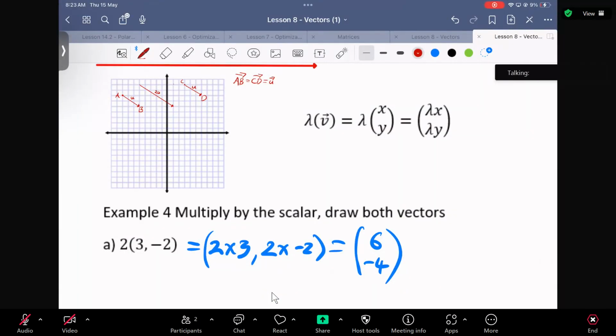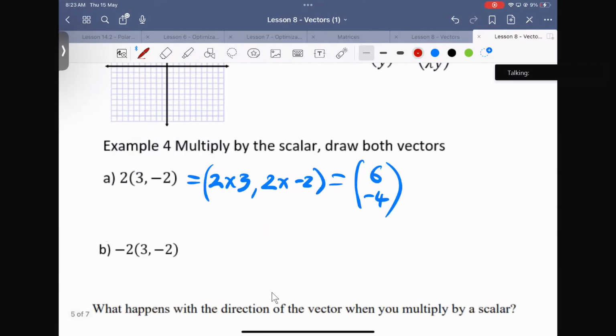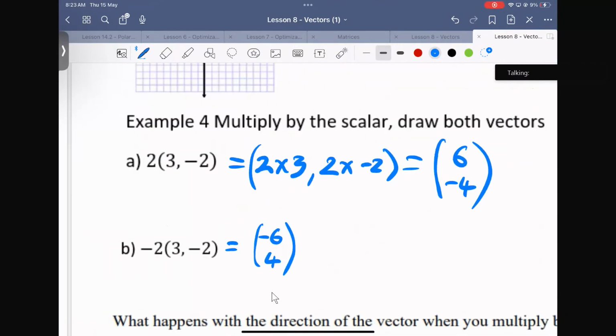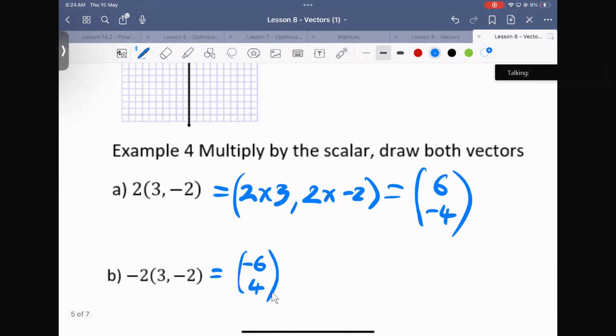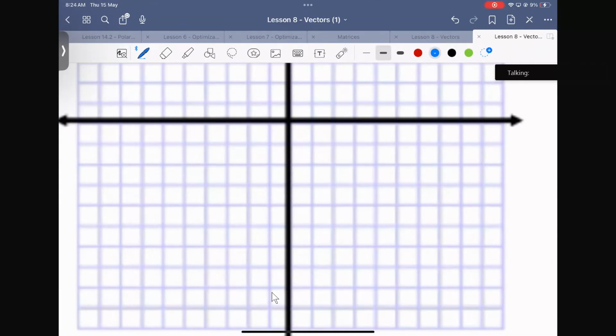All right, so for the multiplication of this vector by the scalar minus 2, we are going to get minus 2 times 3 gives us minus 6, and plus 4. So this would be our result. Let's have a look at this. This is quite interesting when we look at this vector geometrically. So we've got 3, minus 2.